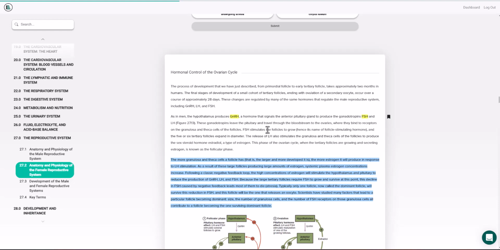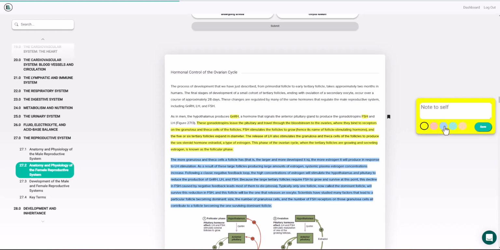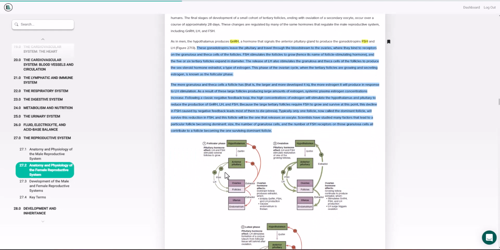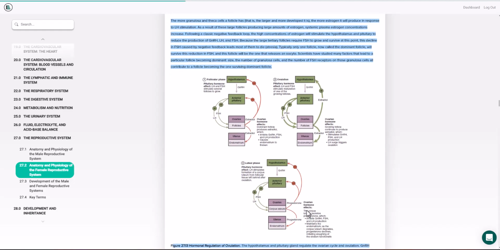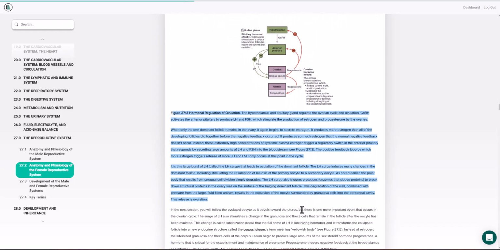And I'm not going to have you worry about which cells, just like in the male, I'm not going to have you worry about which cells are binding these hormones. So I'm going to put a blue section on this as well. So don't worry about any of the hormones and how they're working and the negative and positive feedback mechanisms that are involved with this. Okay, so that is the physiology of this, and you'll deal with that at another time.